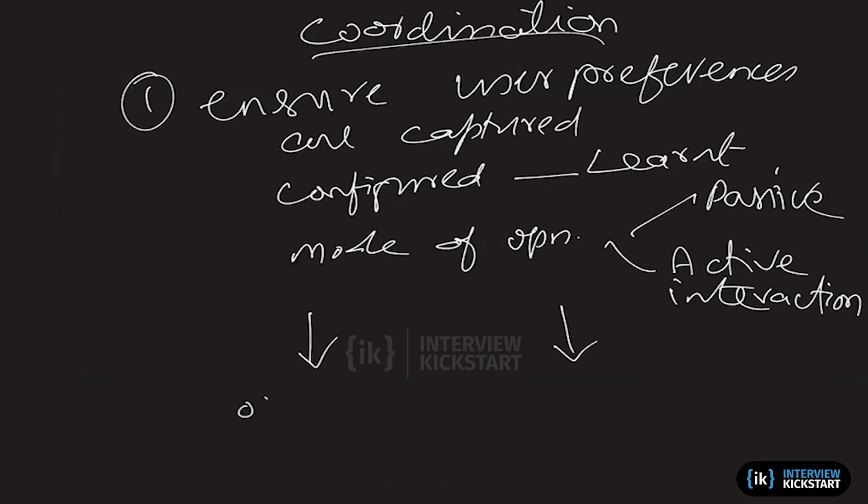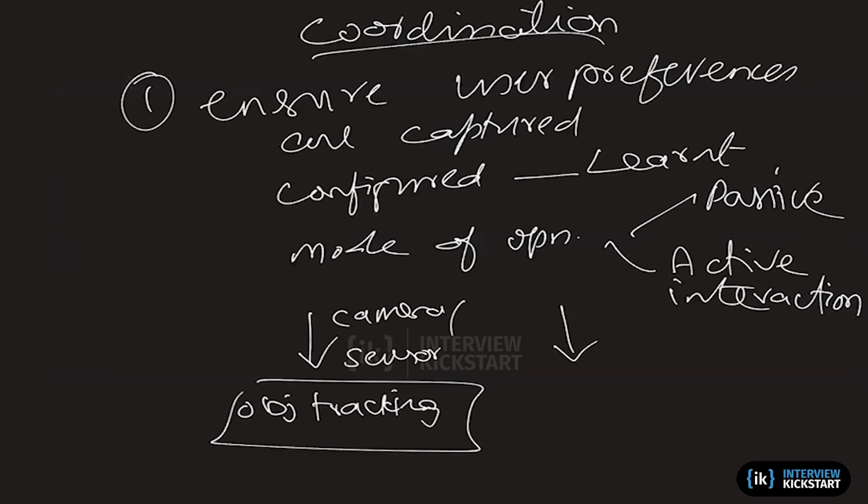For example, we talked about object tracking. Now, should you use camera or sensor? This is a control function. So there may be an object tracking block which spans camera image based and sensor based, and this may be done in two different CPUs.